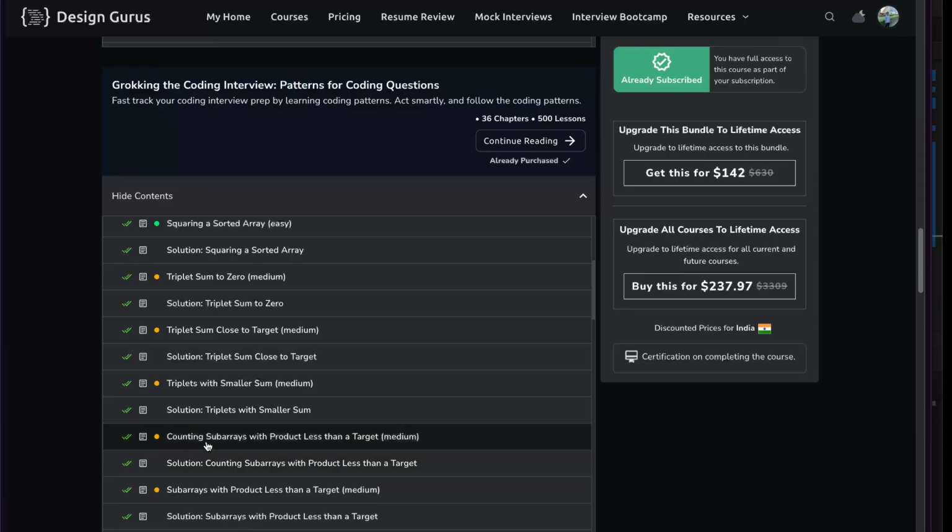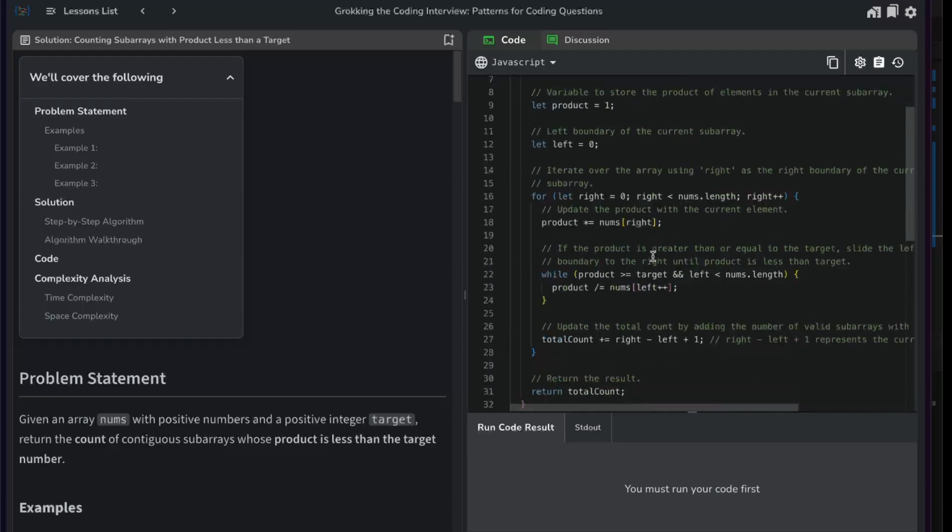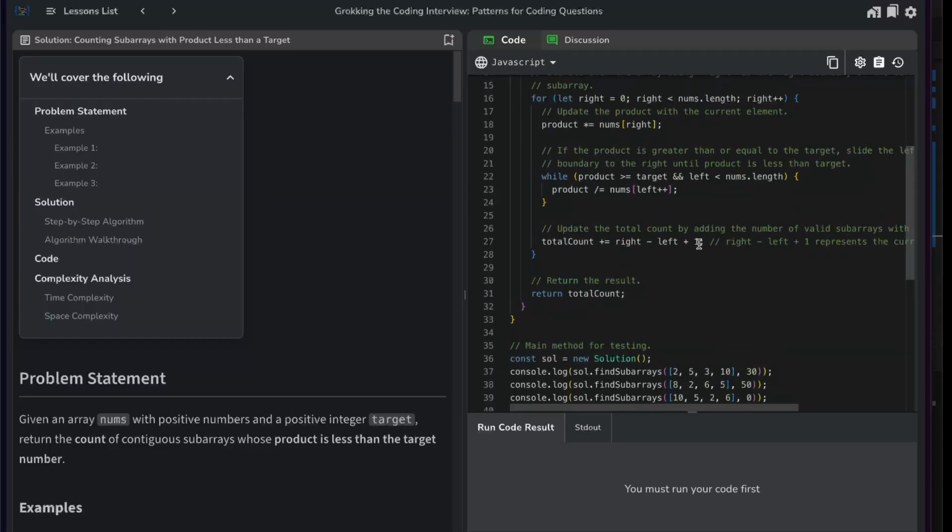I can show you that in the solution itself. If you see here, you need to know that right minus left plus one is the key, and I was not able to figure it out myself when I was looking into solving this particular problem. Yeah, this is what I did today.